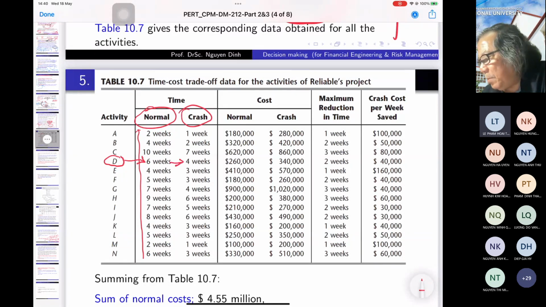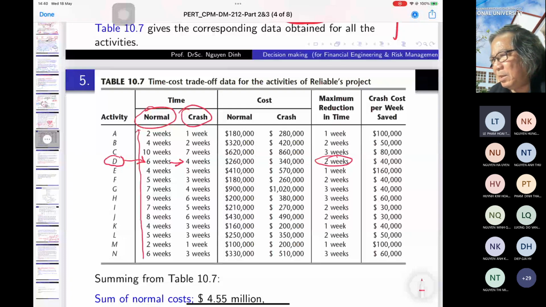So the time you can reduce is 2 weeks. Is that okay? 6 weeks you can crash into 4 weeks, so the time you reduce is 2 weeks.